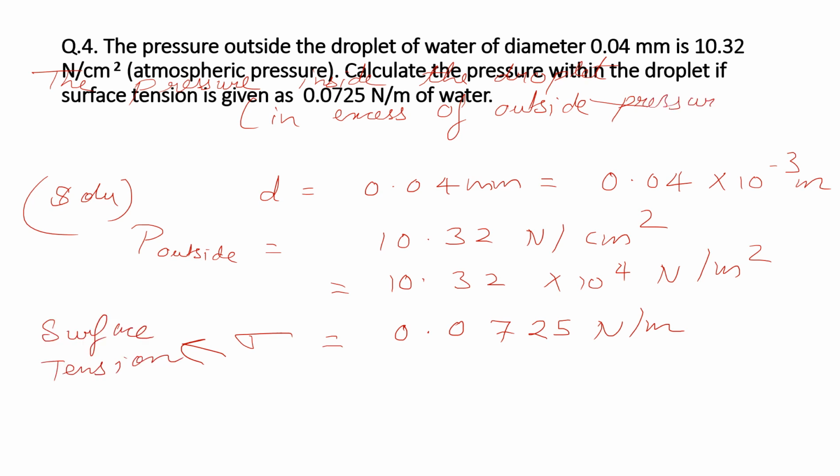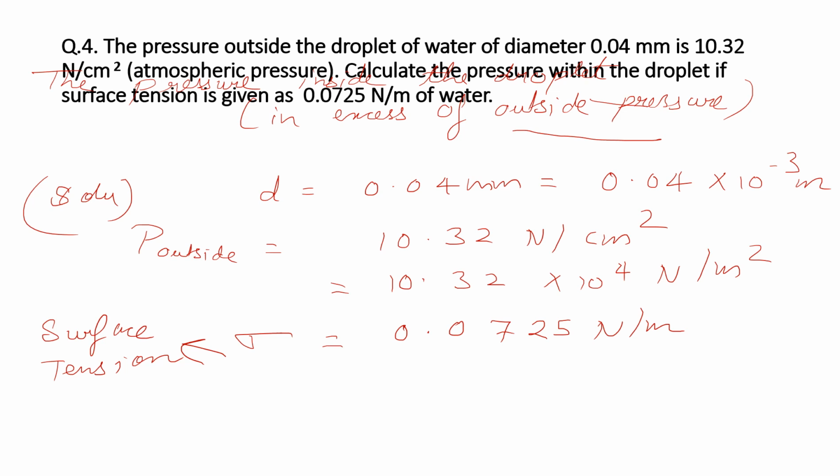Now according to the question we need to find the pressure within the droplet, right? We need to find the pressure within the droplet. So the pressure inside the droplet will be the sum of the pressure outside the droplet and the pressure inside the droplet in excess of outside pressure. So what it means is that there is an expression for finding the pressure inside the droplet in excess of outside pressure.